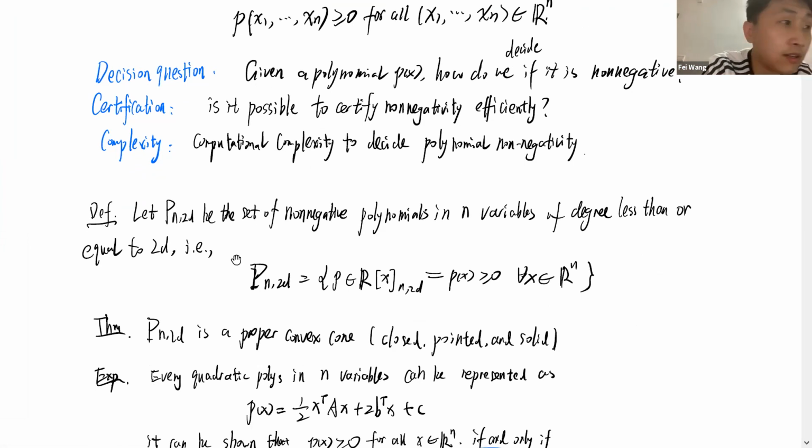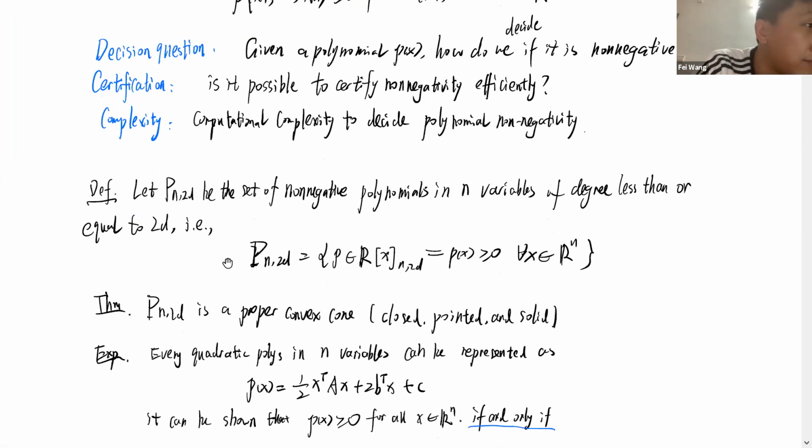So the basic definition first. Let P_{n,2d} be the set of non-negative polynomials in n variables of degree less than or equal to 2d. When I say degree, I mean the sum of the degrees of each variable. So if I have a monomial x^2 y, the degree is 2 plus 1, which is 3.